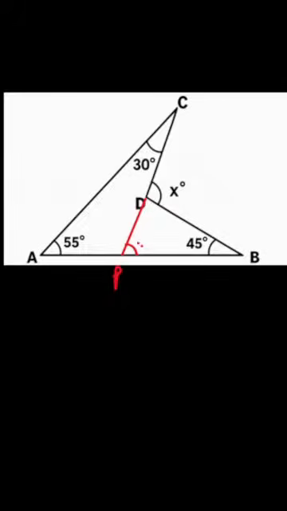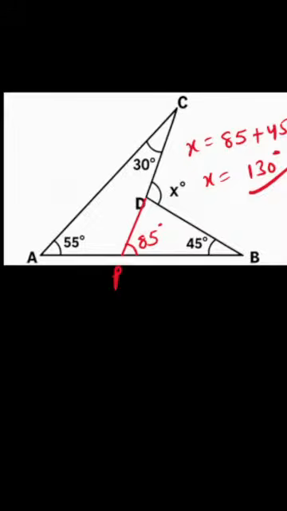Yes, Pinky, the exterior angle of a triangle is equal to the sum of the two remote interior angles. So 55 plus 30 is going to be 85. So we have this as 85. Now if I take this triangle, which is BPD, for this triangle x is going to be an exterior angle, so x is going to be 85 plus 45, and I get my answer as 130 degrees. That's it.